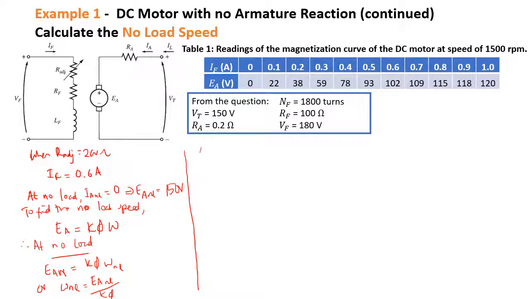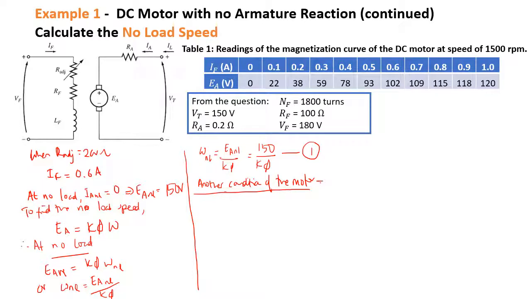So omega no load is equal to 150 divided by K flux, and we're going to call this equation 1. What we need is to find this value of K flux. In order to find K flux, we need to look at another condition of the motor.